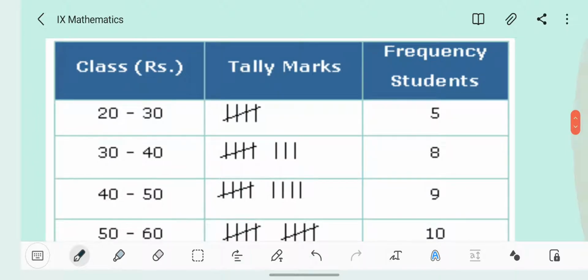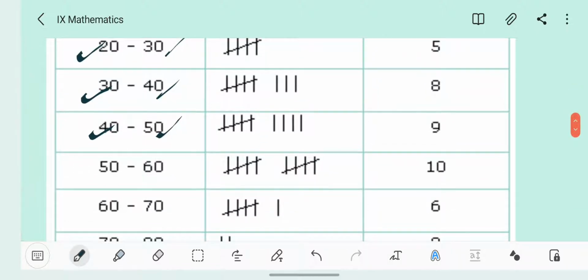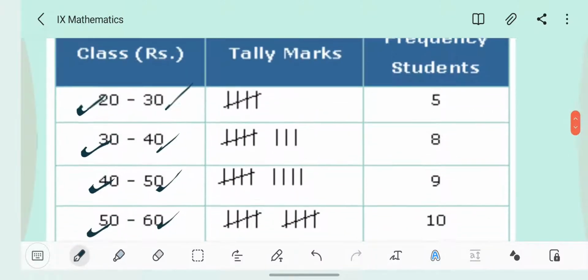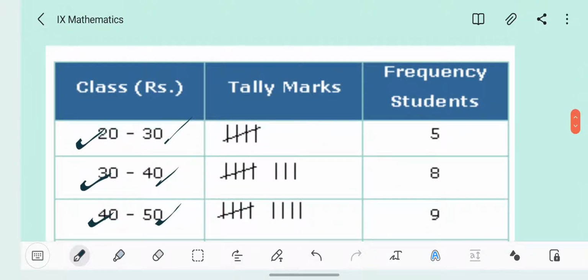Grouping the data means, say in rupees here, 20 to 30, 30 to 40, 40 to 50, 50 to 60, 60 to 70, 70 to 80. The number of students who have 20 to 30 rupees, the frequency is 5.